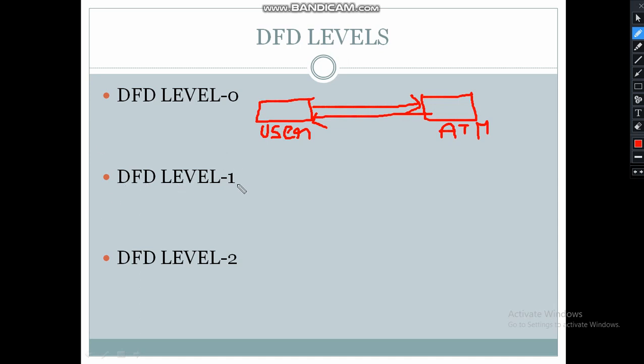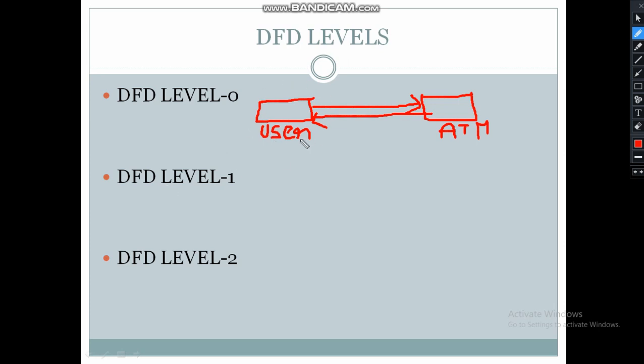DFD level 1 represents the process to handle each incoming data flow and the process to generate new outgoing data flow. That means each and every component takes data from another component, which is incoming, and passes data to another component, which is outgoing. The incoming and outgoing data flow of each component is clearly mentioned in DFD level 1.